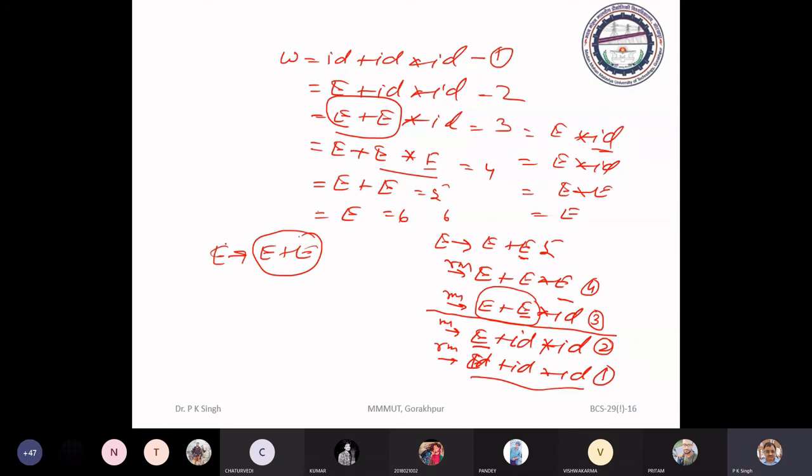And if we replace that substring by the left side of the production, you will get the previous right sentential form of derivation of that string. So that we will discuss during the discussion of bottom-up parsing.